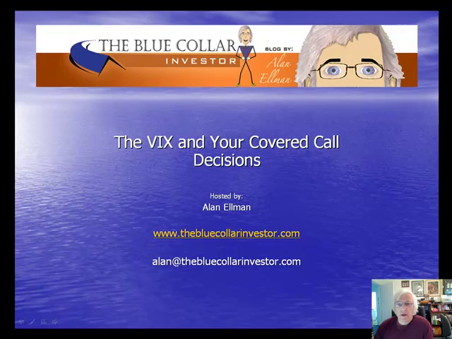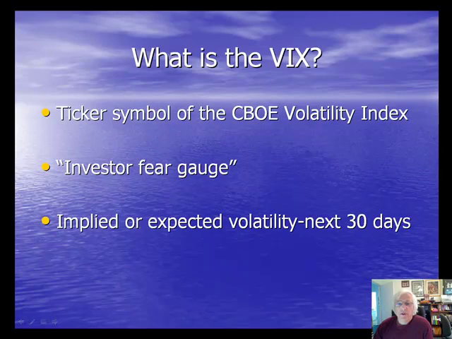The VIX and Your Covered Call Decisions. Now the VIX is just another one of our tools that we use in helping make determinations for our investment decisions. So let's start by explaining what exactly is the VIX. Well, this is the ticker symbol for the CBOE, the Chicago Board Options Exchange Volatility Index.